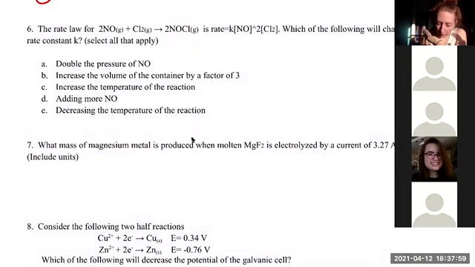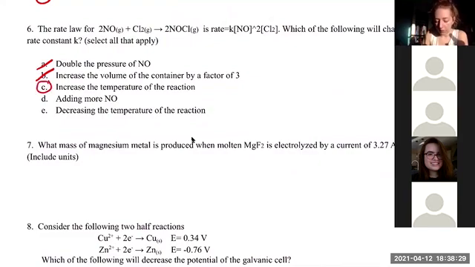The rate law for 2NO plus Cl2 going to the products is this rate here. So we have our rate law, and it's asking which of the following will change the rate constant K. This is not really important, but it's asking which of these influence K. We kind of talked about that earlier. Pressure doesn't do anything. Volume has to do with pressure, so that doesn't do anything. Increasing the temperature, that does, right?